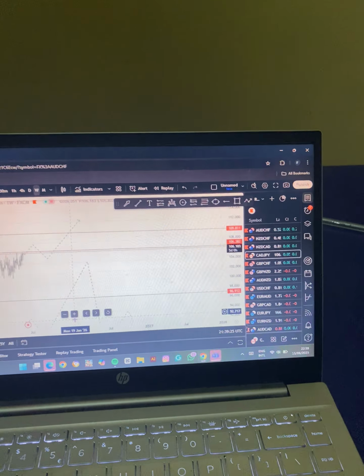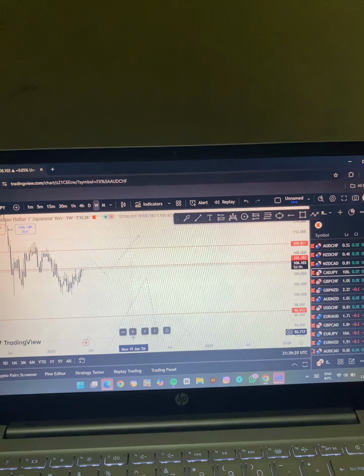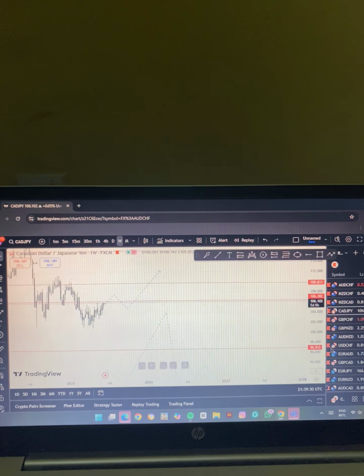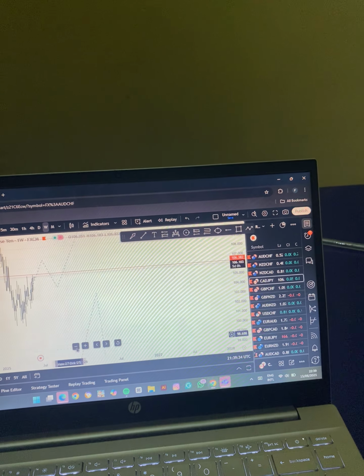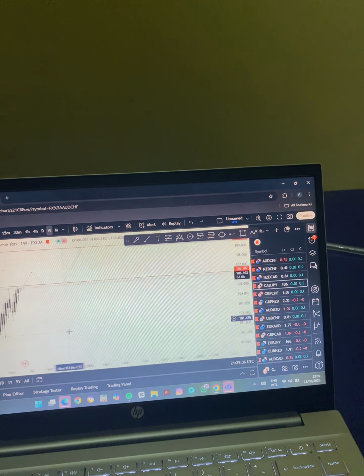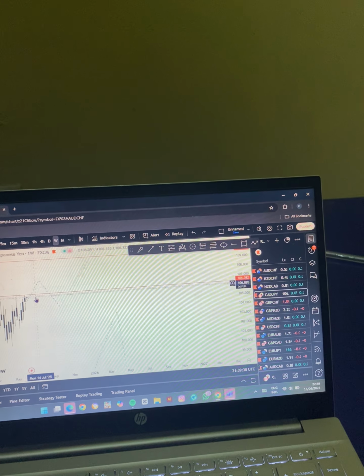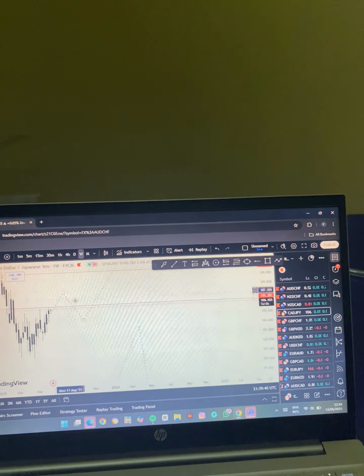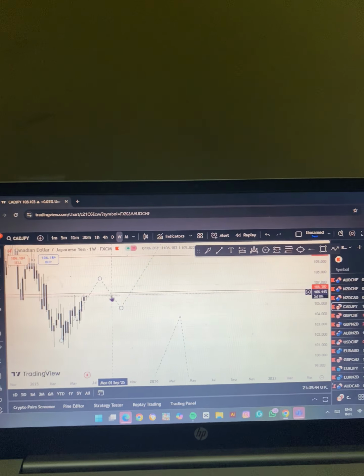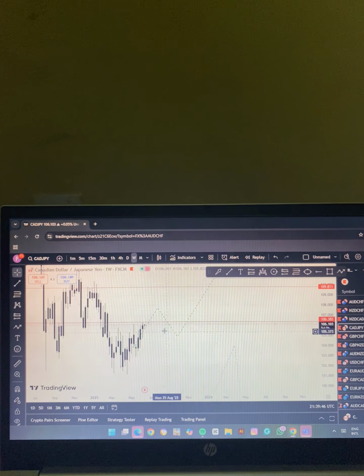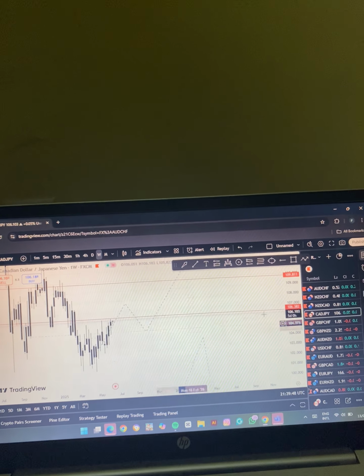If I don't see something clean to enter, then I'm not entering. If I'm not sure about it, I avoid the trade; I'm not forcing any trades. So if I see a break of this key structure, then a retest, then a change of structure on a lower time frame that looks like a buy, then I'll be thinking of entering this trade.